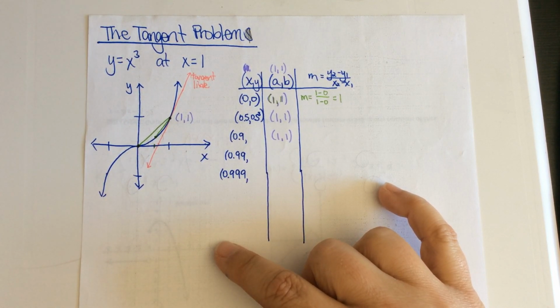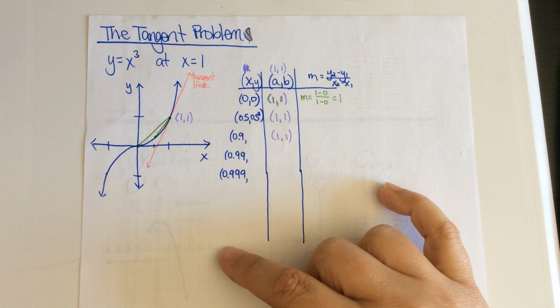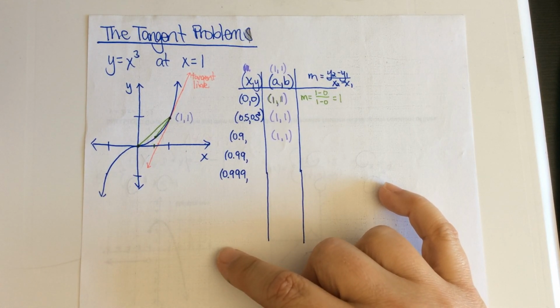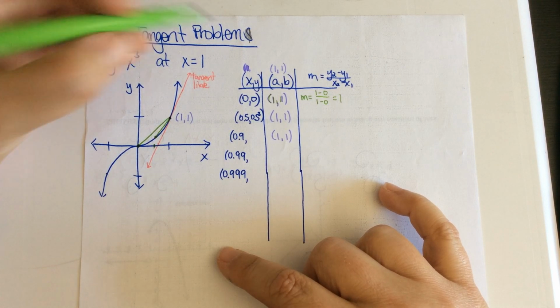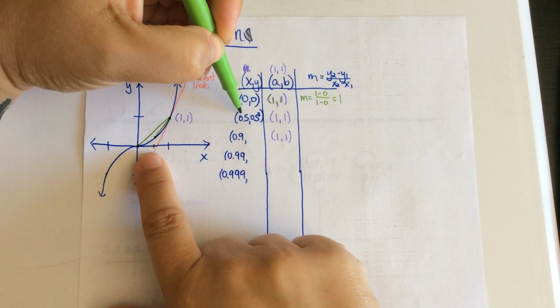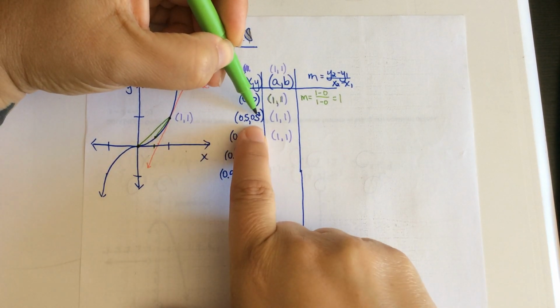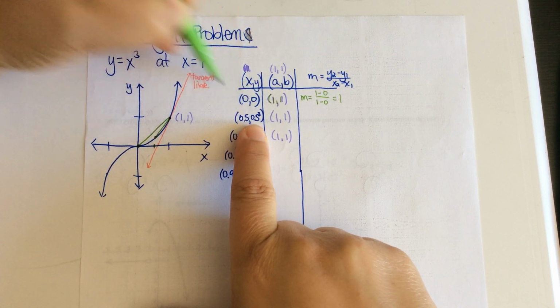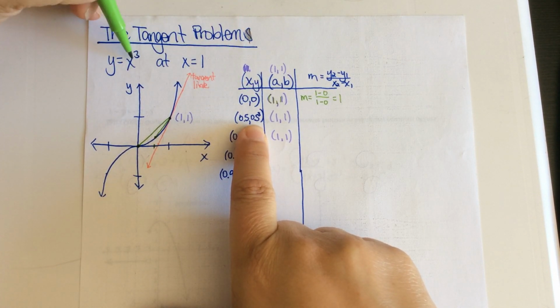These are all secants. The greens are all secants. They cross the curve at 2 or more places. Tangent is only 1. So I'm going to use 0.5 as my x value, which means my y value is 0.5 cubed, right?